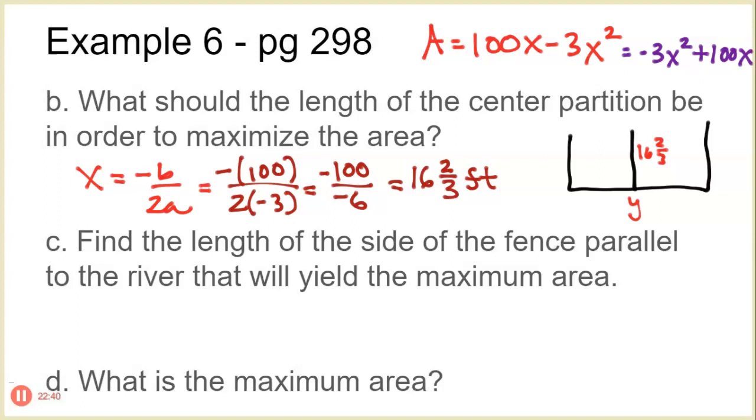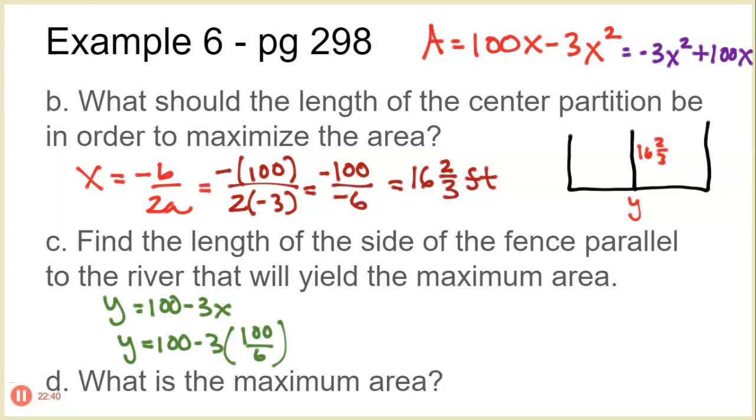And so to do that, I have an equation for y that we calculated earlier on the previous screen. So this will be the length of this side here. So if I take my 16 and 2/3, or if I can keep it 100 over 6 if I wanted to, I can substitute that into here, which actually is, I think, what I did when I worked it out before I did the video. And then I can evaluate that.